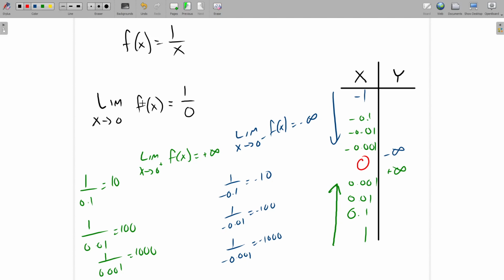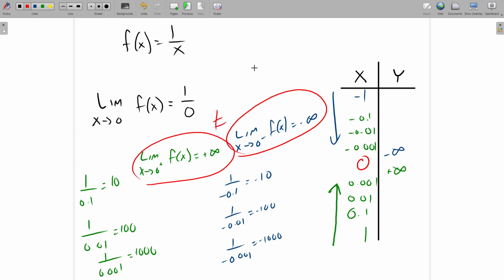Now we know from our introduction of limits that because the right-hand side and the left-hand side are not equal, this limit does not exist. But if we do this numerical analysis on something like 1 over x squared, we'll see that on both sides we end up with positive infinity.